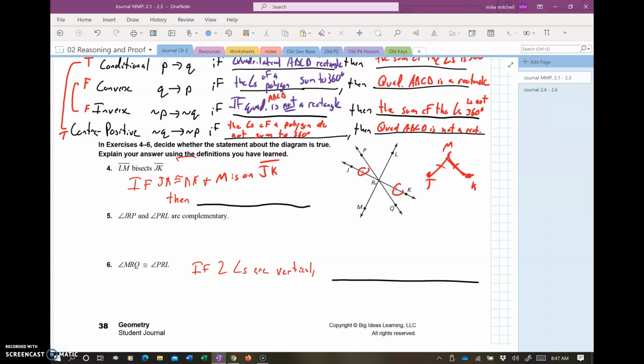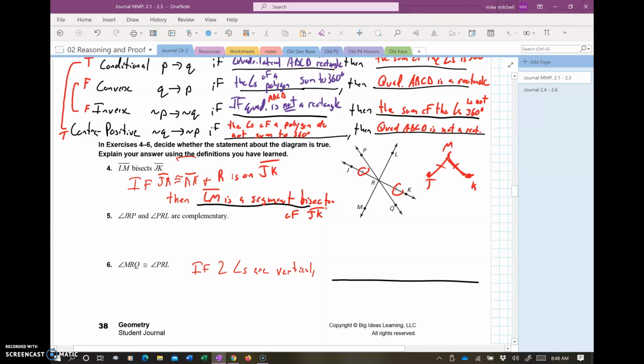So what rule? If JR is congruent to RK, and R is on JK, then LM is a segment bisector of segment JK.